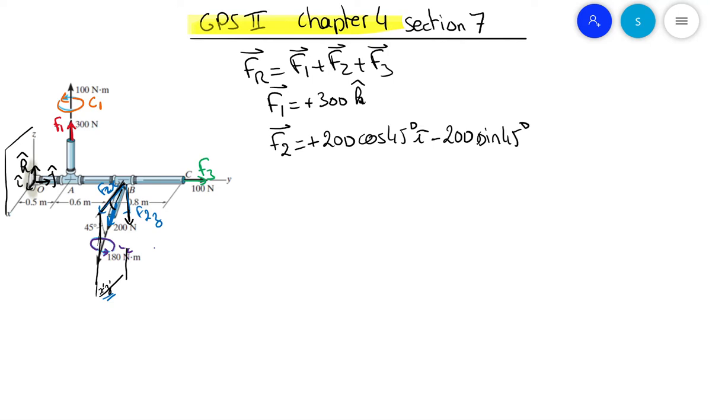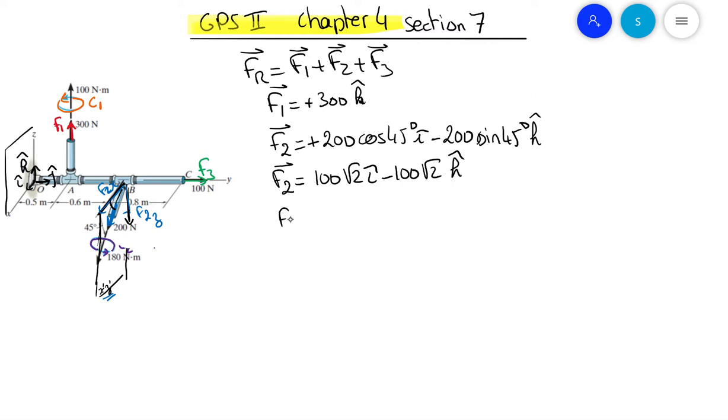I know for 45 that's the same, but I like to be consistent with my cosine and my sine. Cosine 45 is square root of 2 divided by 2, so F2 is 100 square root of 2 on I hat minus 100 square root of 2 on k hat.